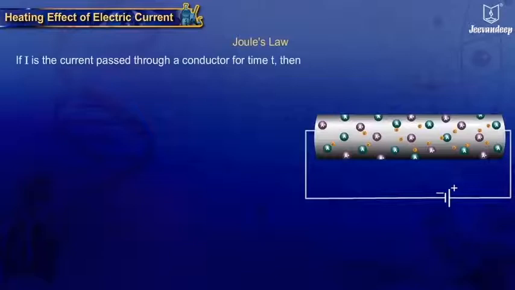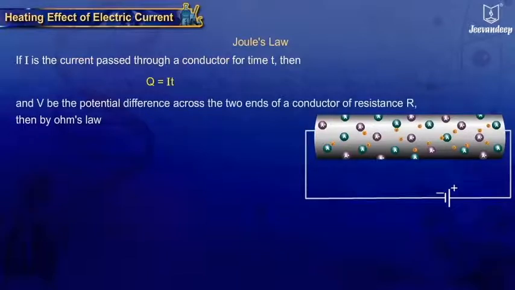Joule's Law. If I is the current passed through a conductor for time t, then Q equals IT, and V be the potential difference across the two ends of a conductor of resistance R, then by Ohm's law, I equals V upon R, or V equals IR.